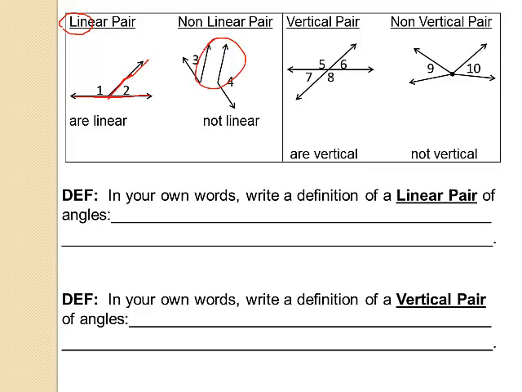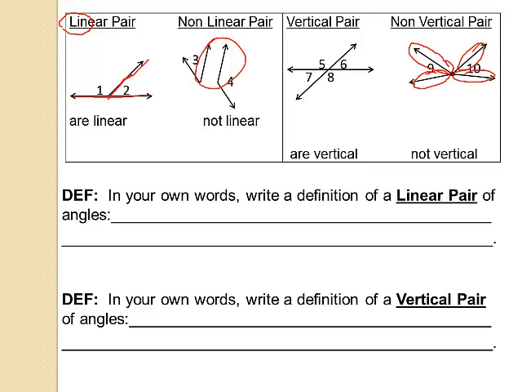In a vertical pair, this is a part where people have a little bit of trouble visualizing it. But in a vertical pair, think of two pencils intersecting to form an X. In a non-vertical pair, for example, this ray here and this ray here, you have four completely different rays, or non-opposite rays.